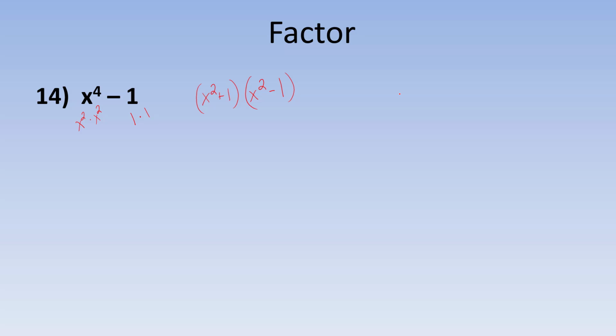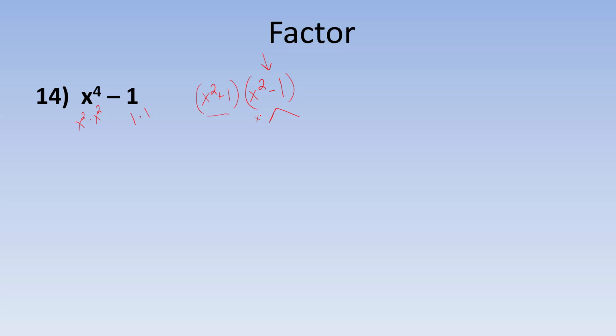Wait a minute. Let's not be so quick to think we're done, are we? I have created another difference of squares, haven't we? We have. And so what we're going to do is ignore this first binomial for a second. We're going to look just at the second binomial because it will split up.